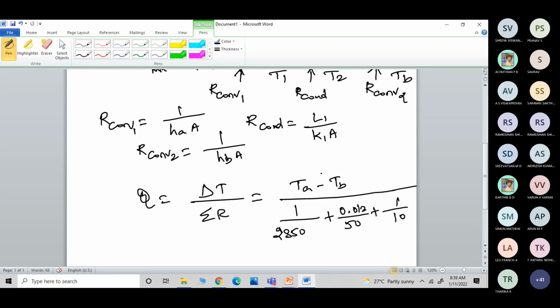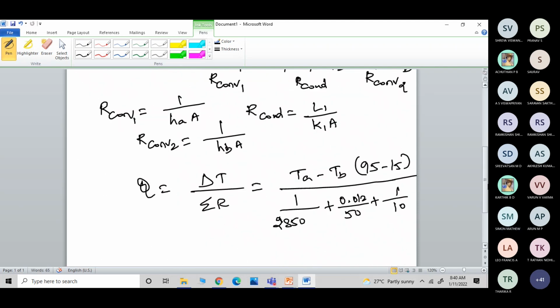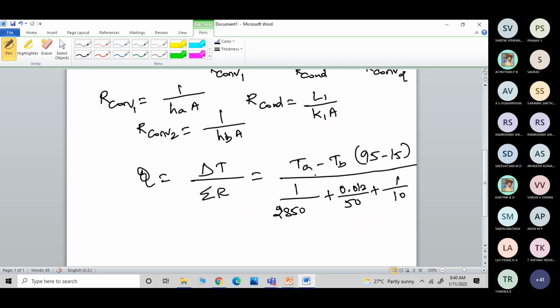Okay, now TA minus TB. Substituting TA minus TB, how much is it? 95 minus 15. Am I correct? Okay, that is TA minus TB.